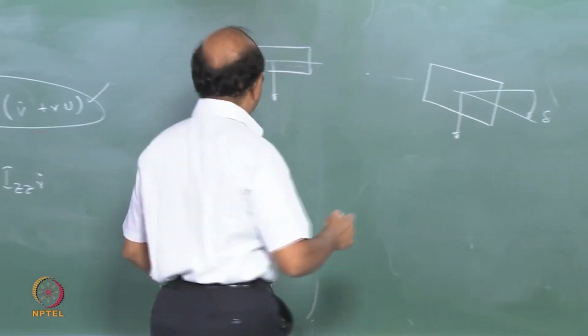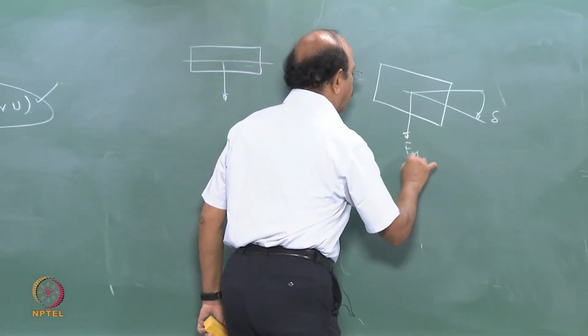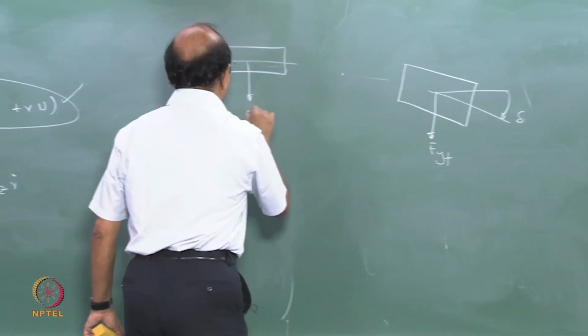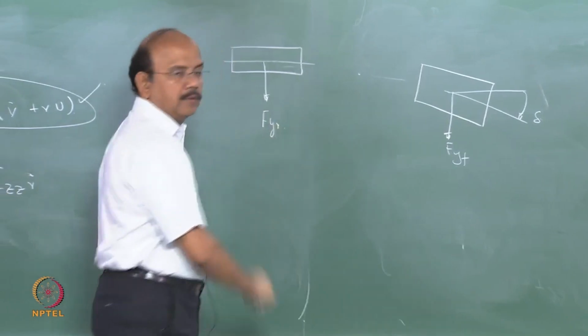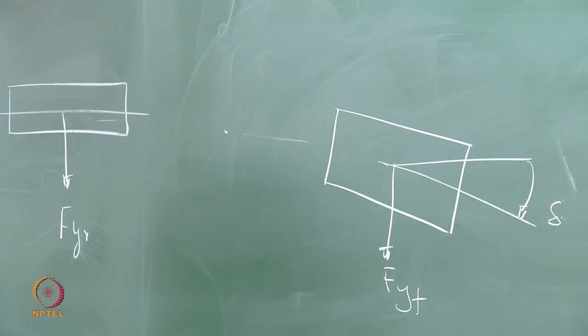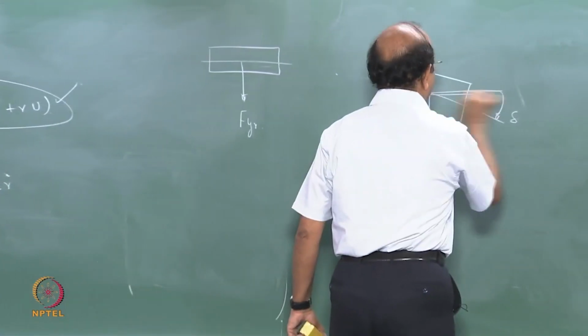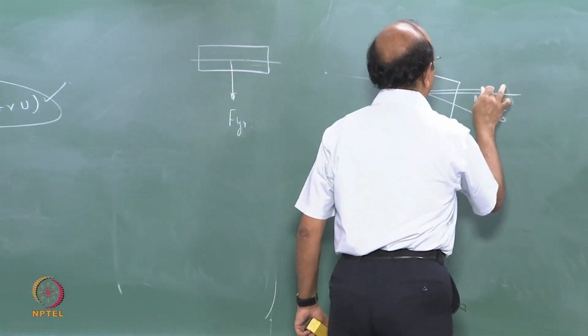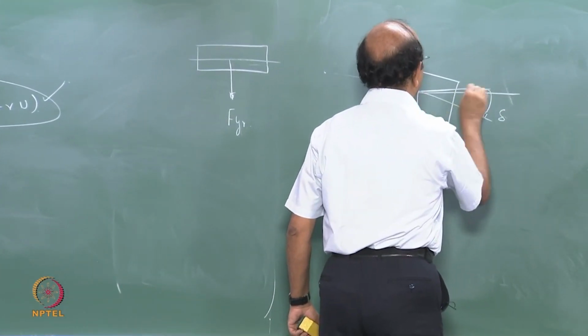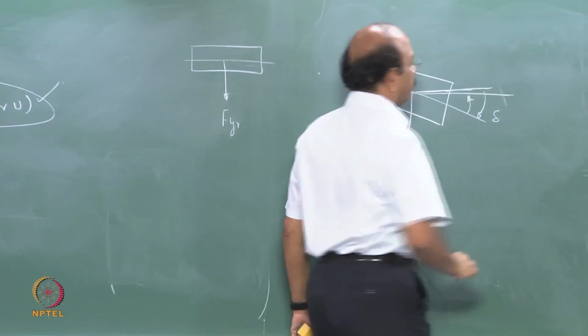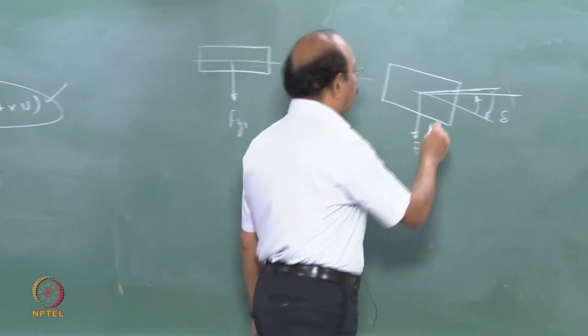So that's the Fy in the front, and this is the Fy at the rear. How is it generated? By slip angle. And that is the slip angle, alpha.